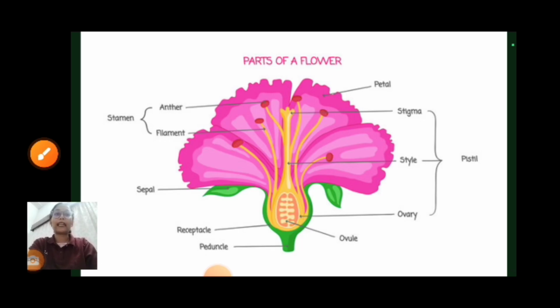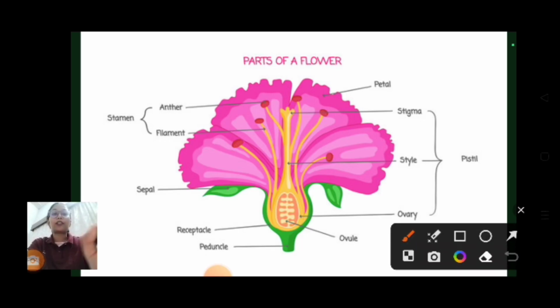Okay, now moving on to the next slide. Let us see the parts of the flower. In the first slide we have already discussed that the flower bears both the male and the female gametes, the pollen grains and the ovules. So let us see the structure of the male and the female reproductive system. First, the male reproductive system.